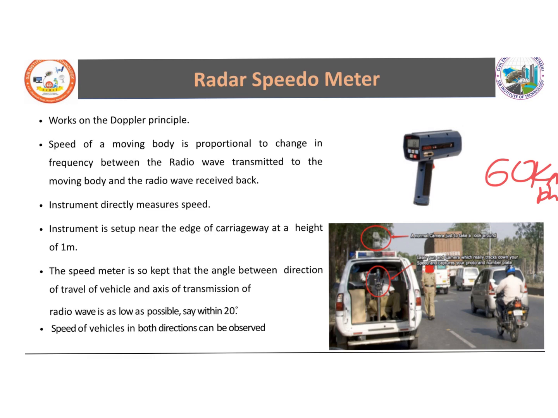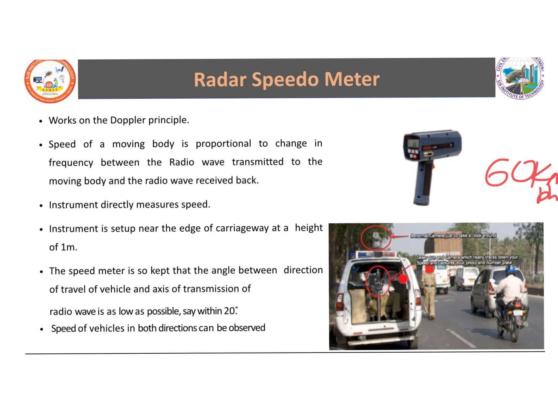Now, how does it work and how can we measure the speed value with the help of the radar speedometer? The radar speedometer works on the Doppler principle. What does the Doppler principle say? The speed of any moving body is proportional to the change in frequency between the radio wave transmitted to the moving body and the radio wave received back.